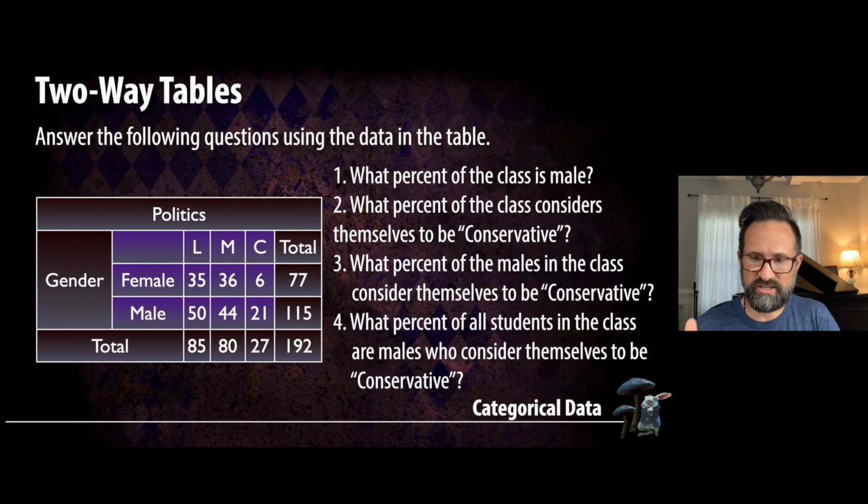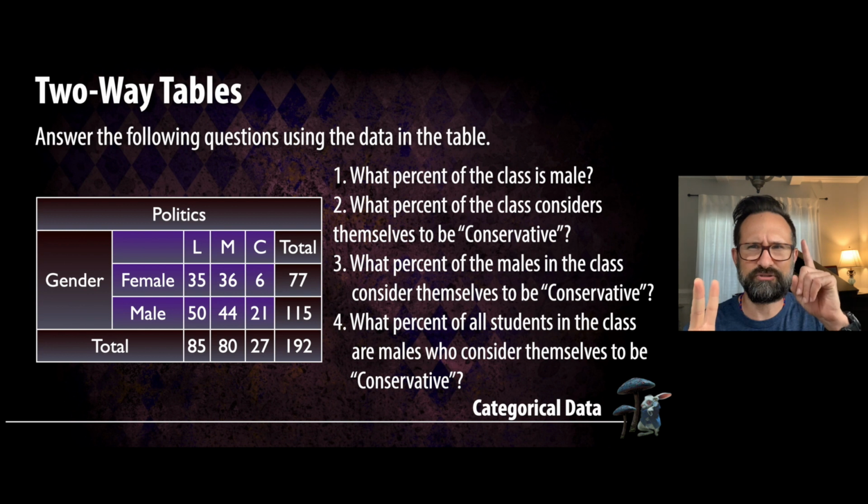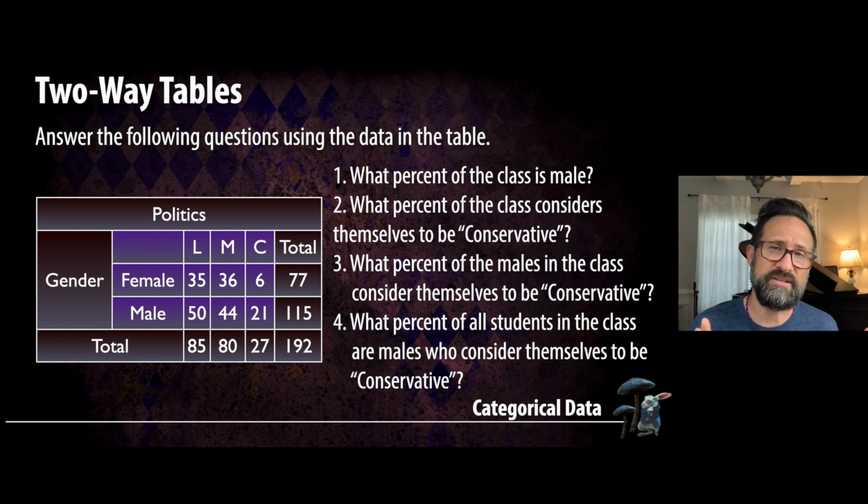And this is the next one. It says, what percent of all students in the class consider themselves to be males who are also conservative? So now I've given you two requirements, but I'm still talking about the whole class. Because we're looking at everyone, that means my denominator is going to be 192. So now I'm looking at where those two categories overlap: conservative and male.